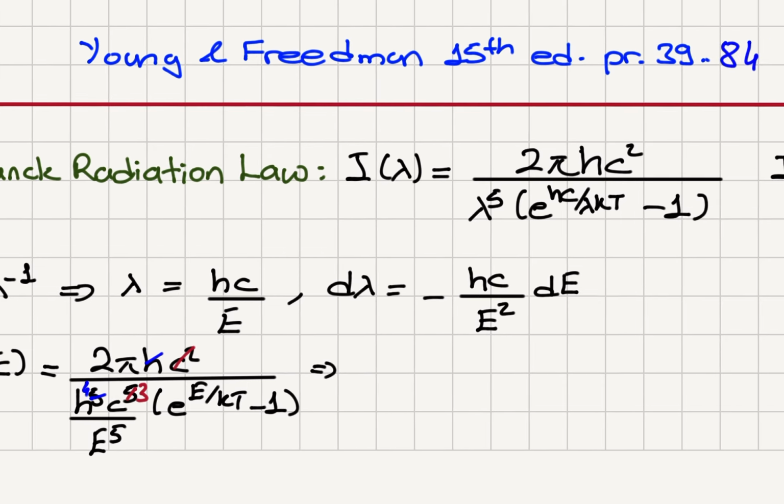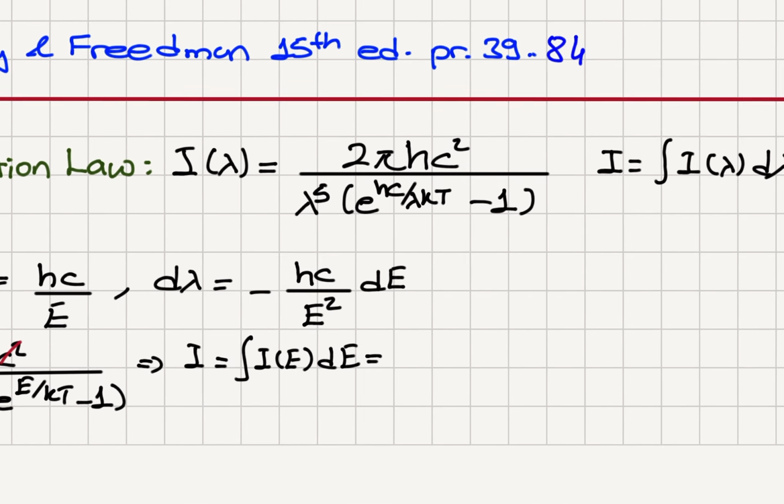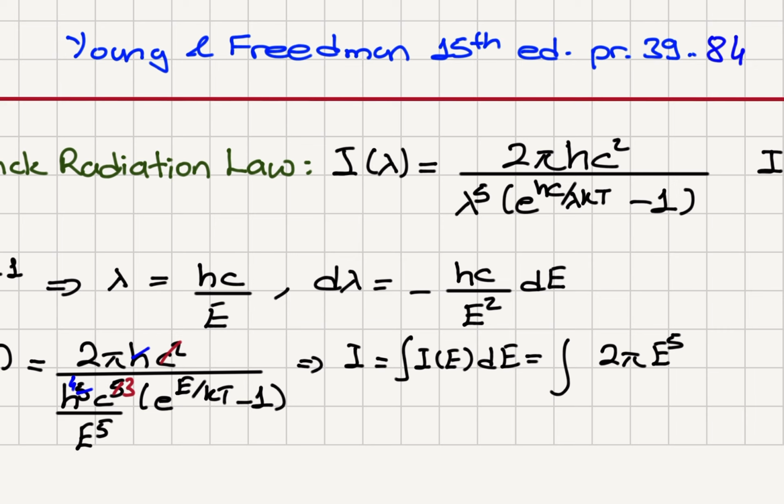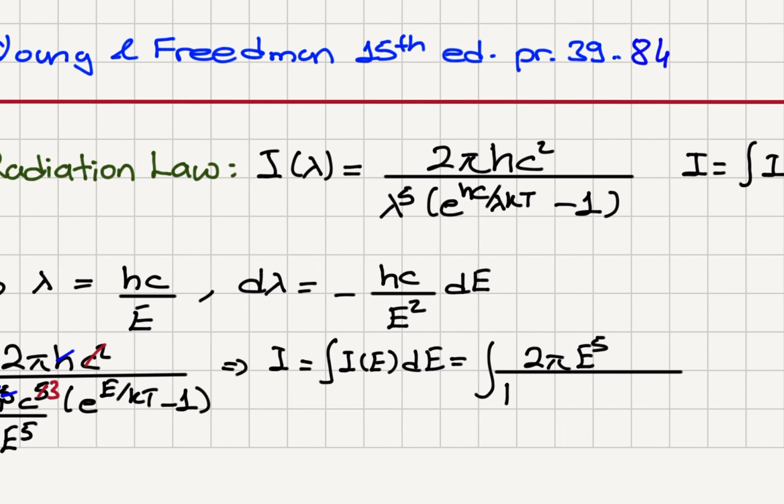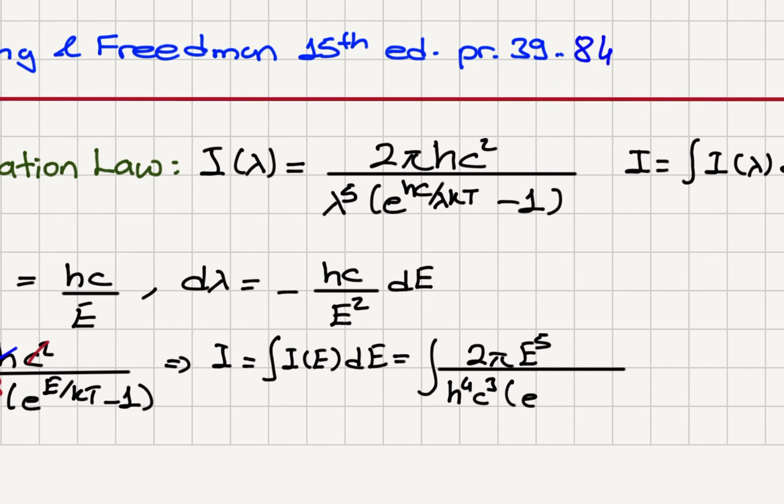the spectral emittance I is equal to the integral of I of E dE, the integral of 2 pi, energy to the fifth power, because this E to the fifth power goes upstairs, divided by h to the fourth power c cubed, exponential energy divided by kT minus 1.